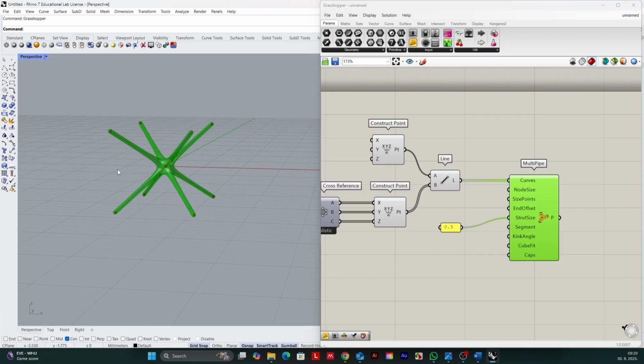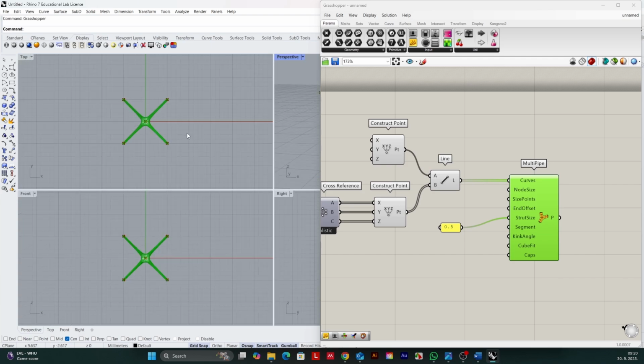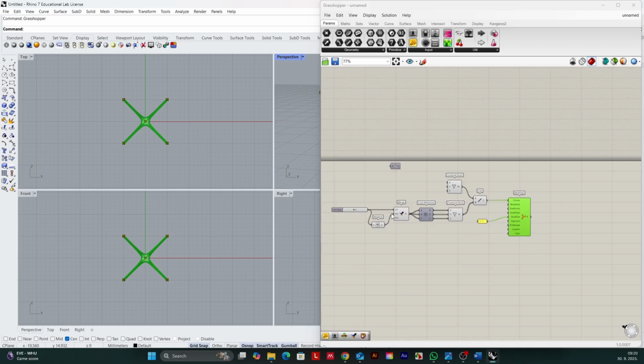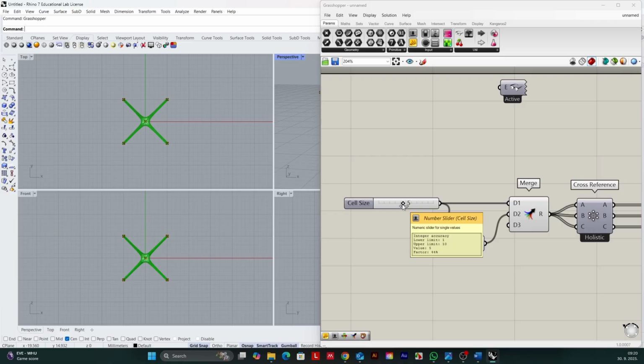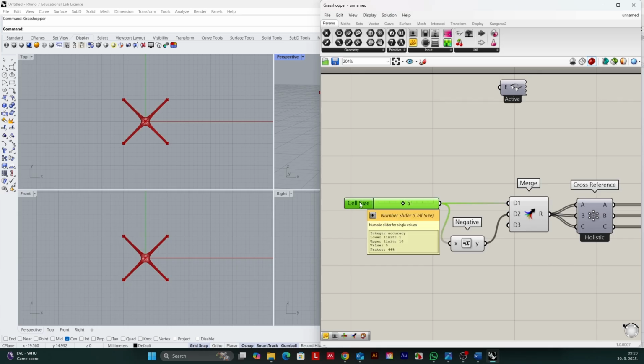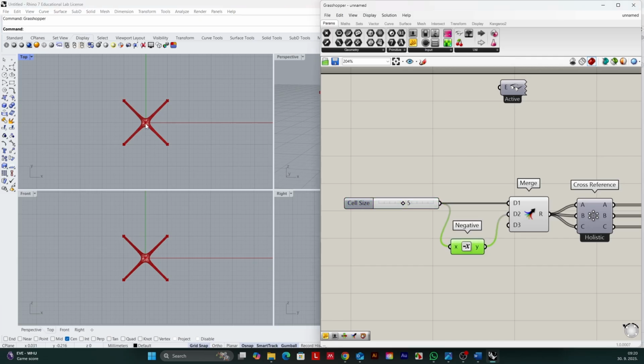If we look closer, we will see that our cell size of 5 units, which is half of the unit in total, means 5 units to the positive side of the coordinate system, and also the negative component includes 5 units to the negative side of the coordinate system, which means that we have a unit cell in total of 10 units of this structure.